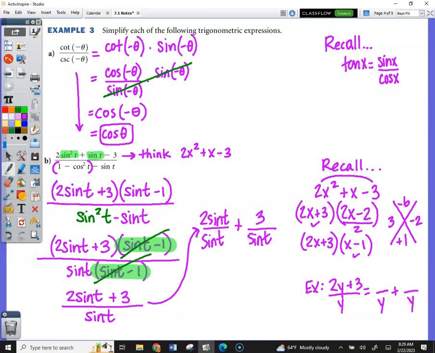And bam, right there's what I wanted. Notice right here I have 2 sine t over sine t. What happens with the sine t? Cancels. Right here. Gone, gone. So that's just 2.